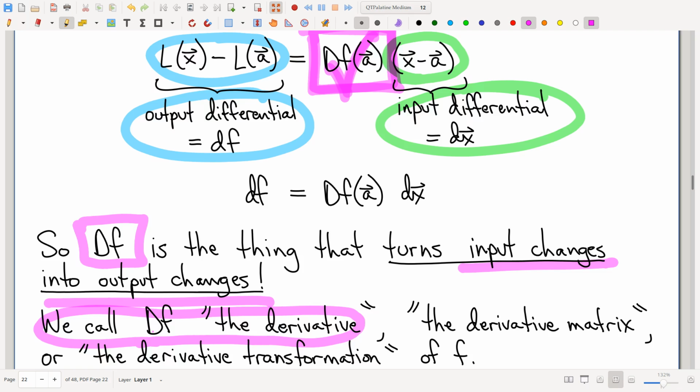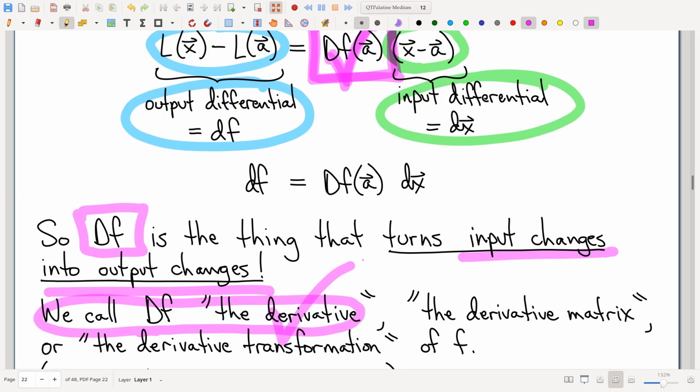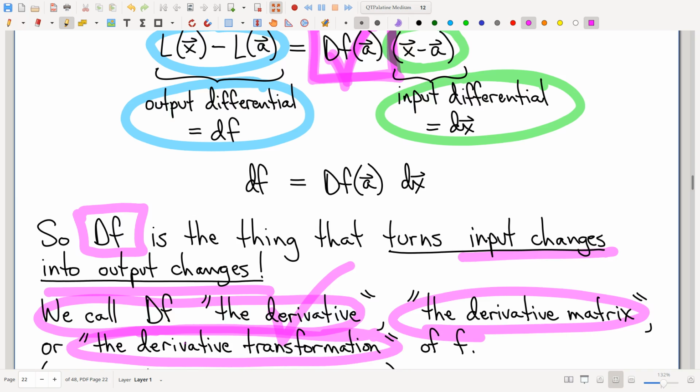No, of course not, right? Everything's changing all at the same time. So in this most general sense, the derivative matrix is what turns input changes into output changes. So this is what we call the derivative, and being as it is a matrix, it's sometimes called the derivative matrix. And being as matrices are linear transformations, this is sometimes called the derivative transformation.